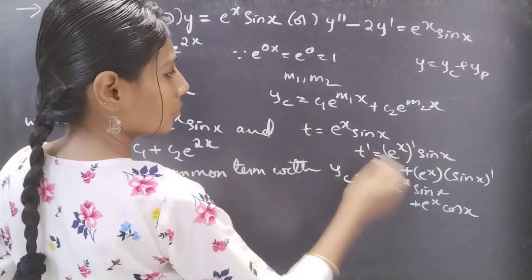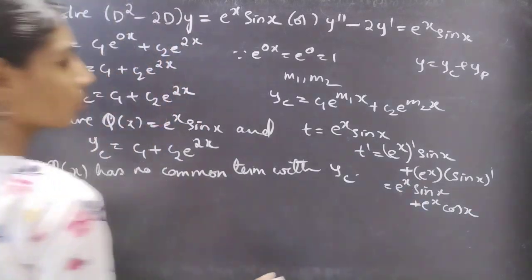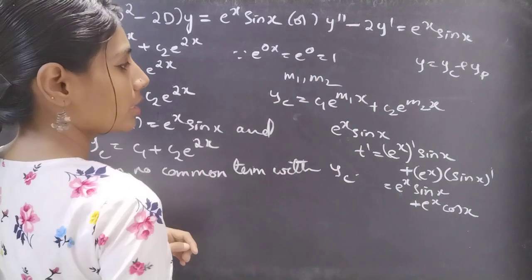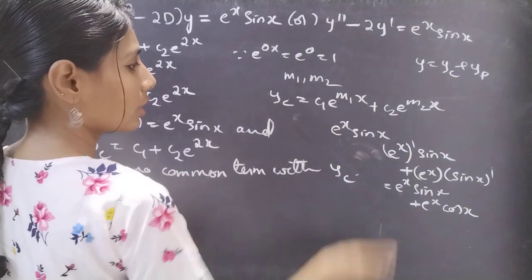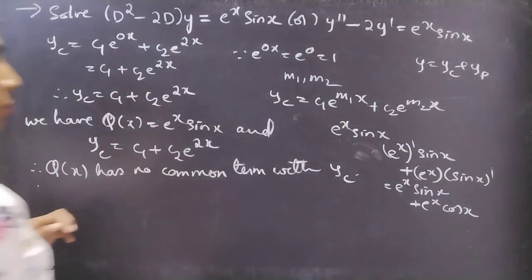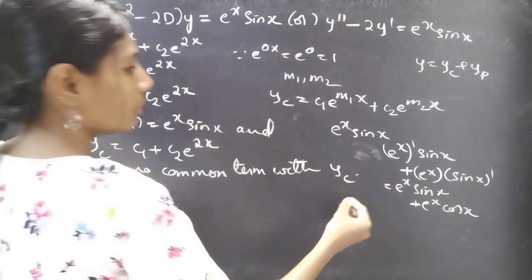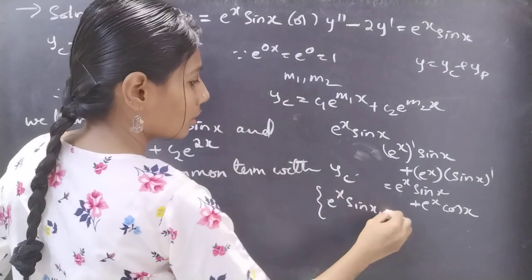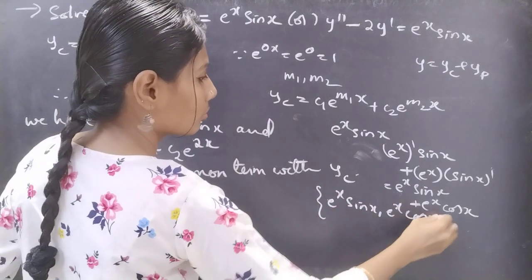See, it contains e^x sin x, which is Q(x). So if e^x sin x is Q(x), its derivative contains e^x sin x and e^x cos x, so you get the finite set e^x sin x and e^x cos x.